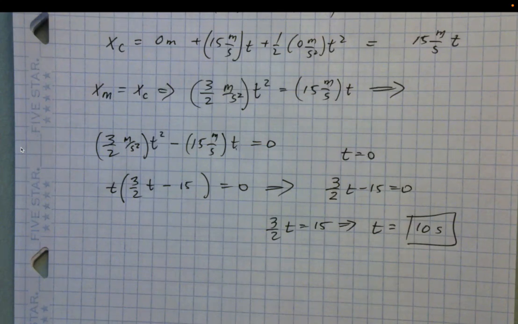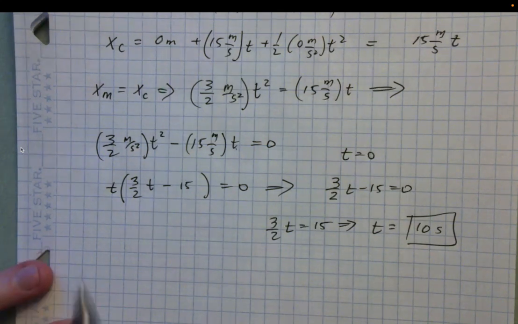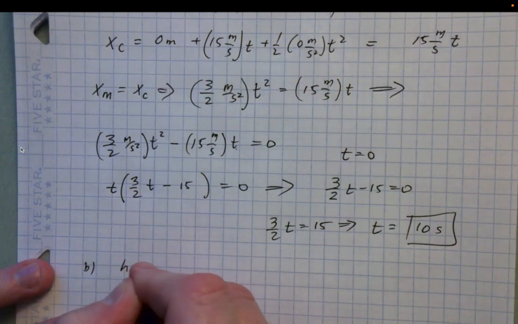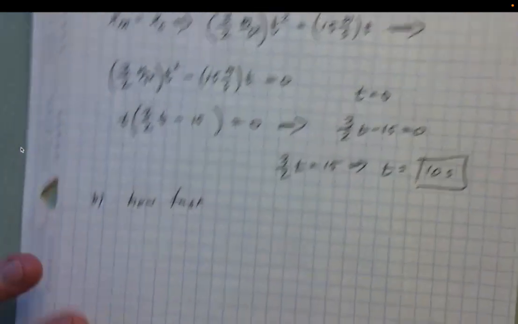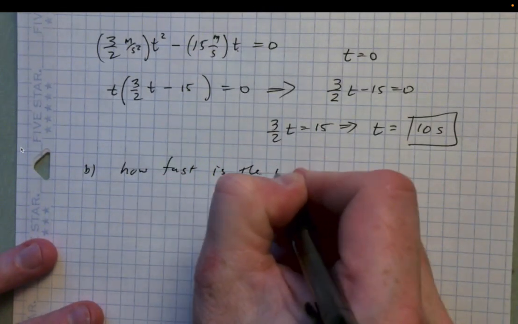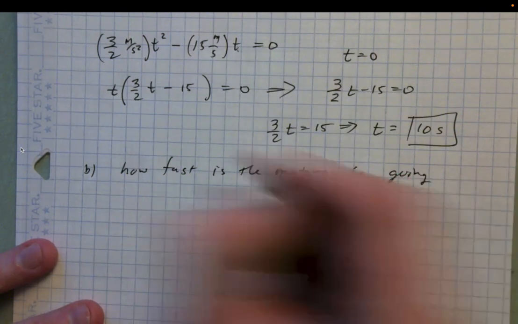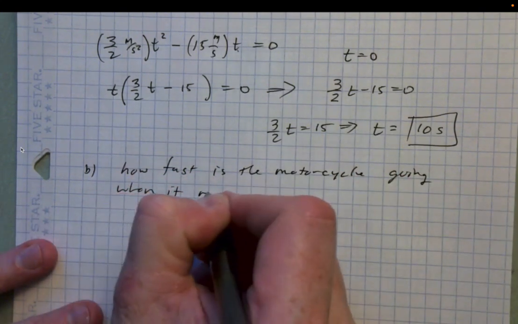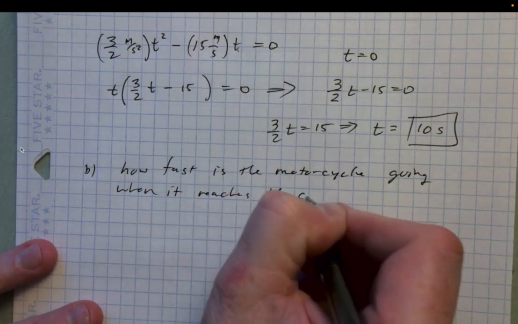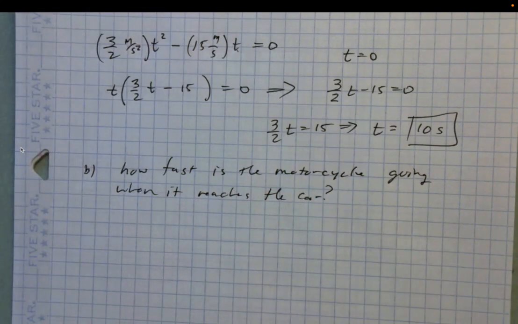Part B is how fast is the motorcycle going when it reaches the car? We already know it takes 10 seconds, so this is as simple as plugging 10 seconds into a velocity formula.